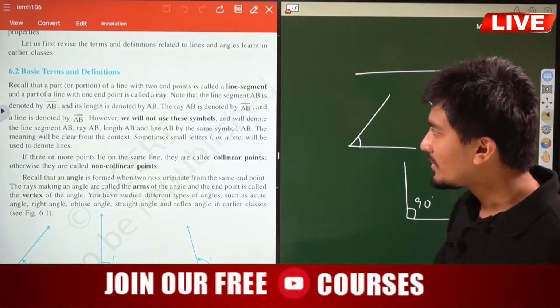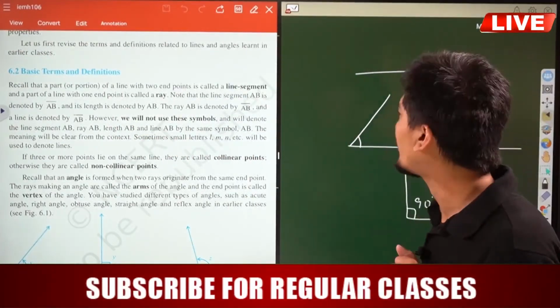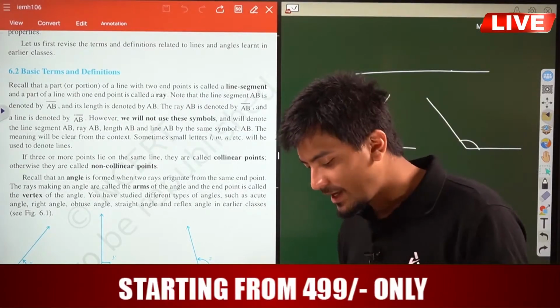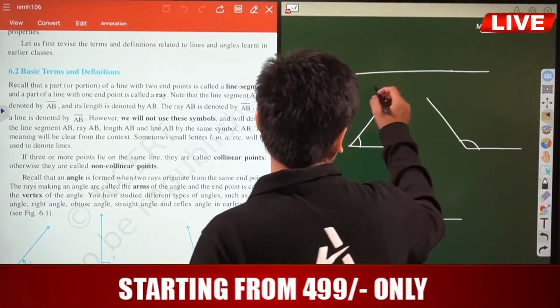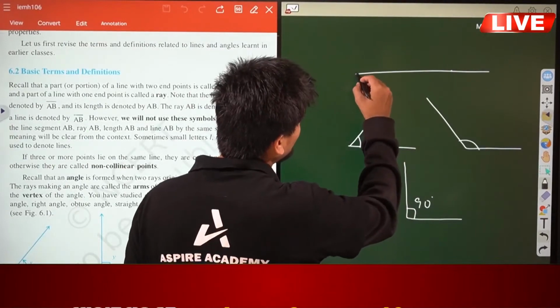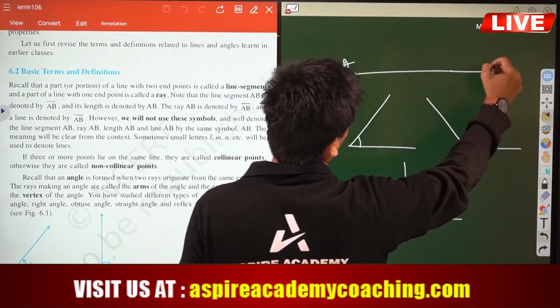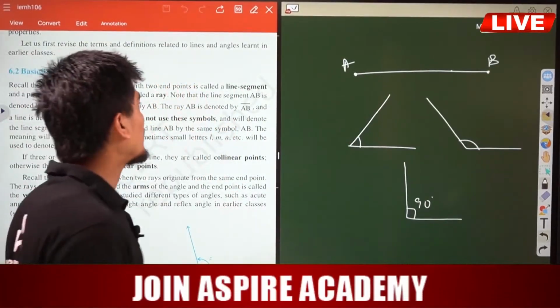So here are some important terminologies we need to understand first. If a line has two end points, this is one point and this is another point, this is A and this is B, then we call it a line segment.